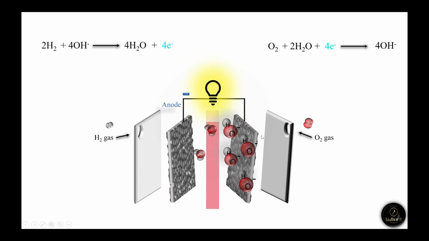Here the consumption of electrons takes place by the oxygen molecule and water molecules. That's why this is called reduction. The place where reduction takes place is called the cathode. So there will be production of 4 OH minus which were consumed before. At the end, 2 water molecules are formed.